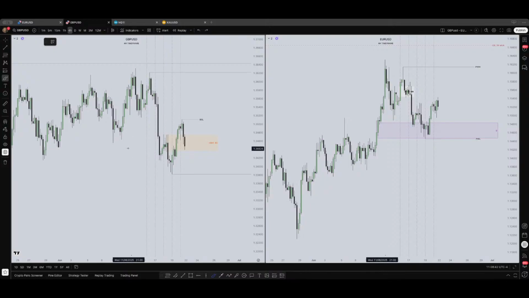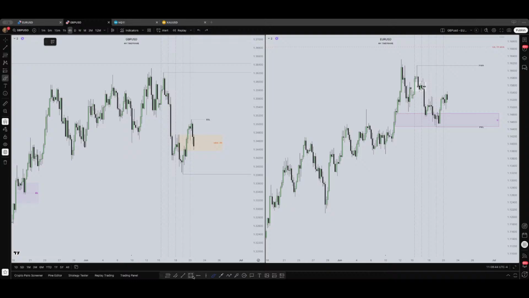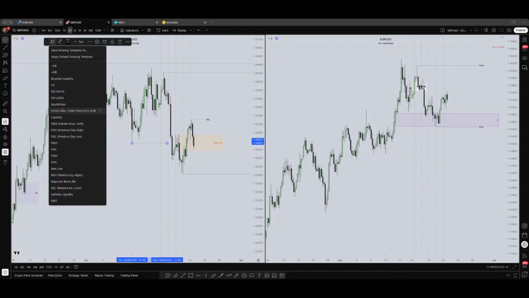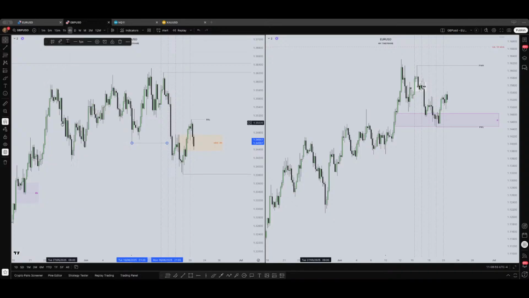We have a very strong market shift here of these two lows. Where is the market? Check here.